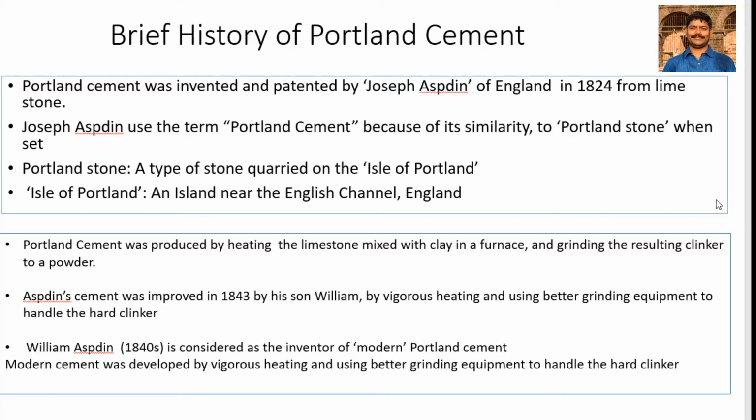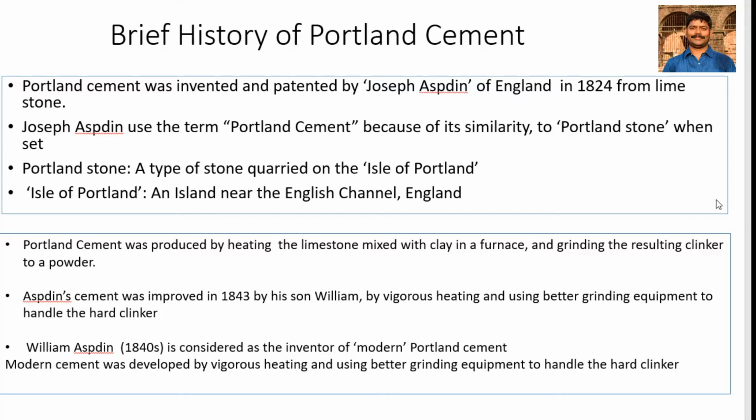Ordinary Portland cement. The term Portland cement comes from an island near the English Channel. In 1824, Joseph Aspdin first developed and patented that cement.